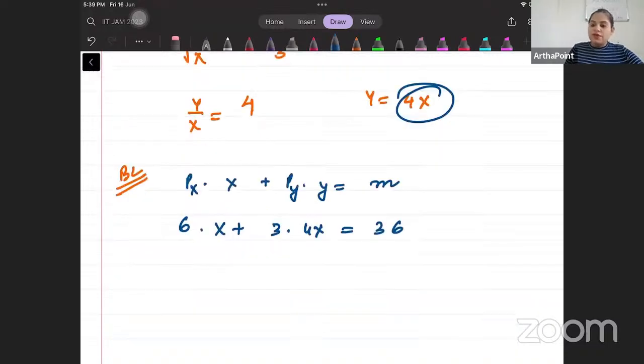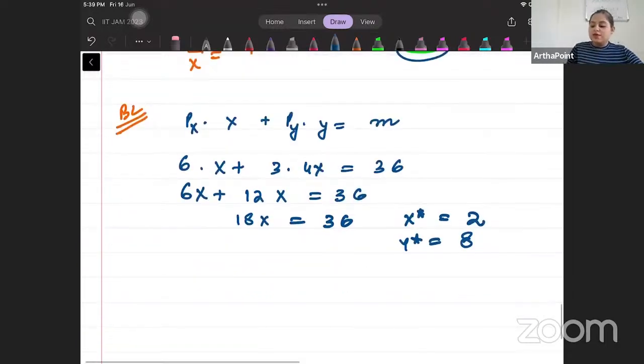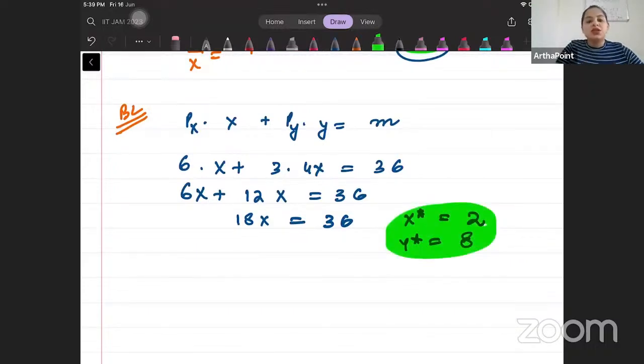So beta, what will happen? 6X plus 12X is 36. 18X is 36. X is 2. Y will be 4 into 2, which will be 8. So your equilibrium in this case will be 2, 8. That's the answer to this question.